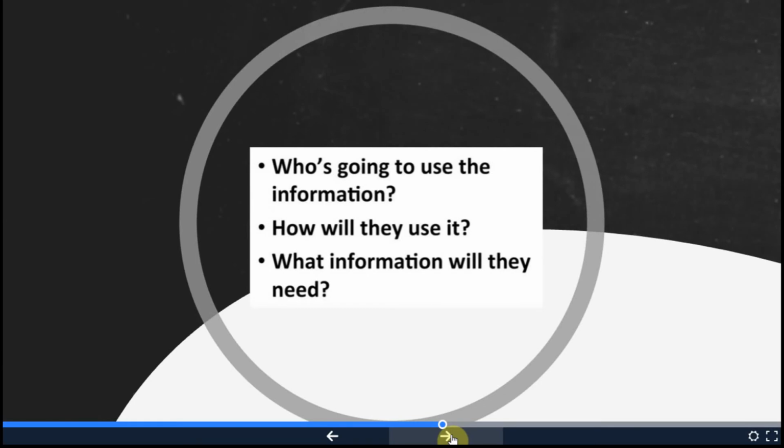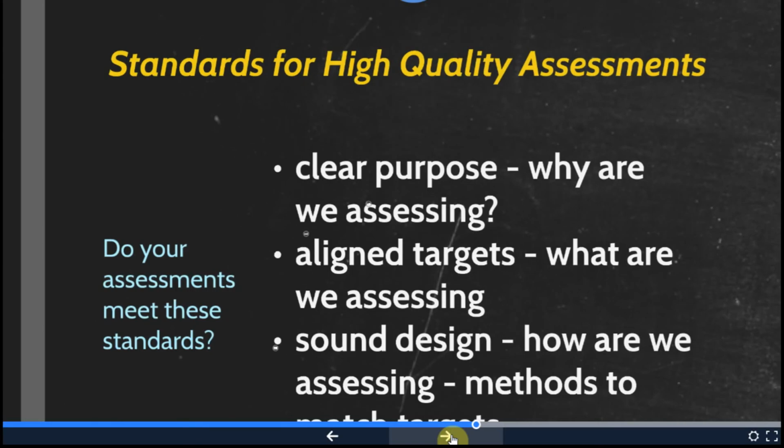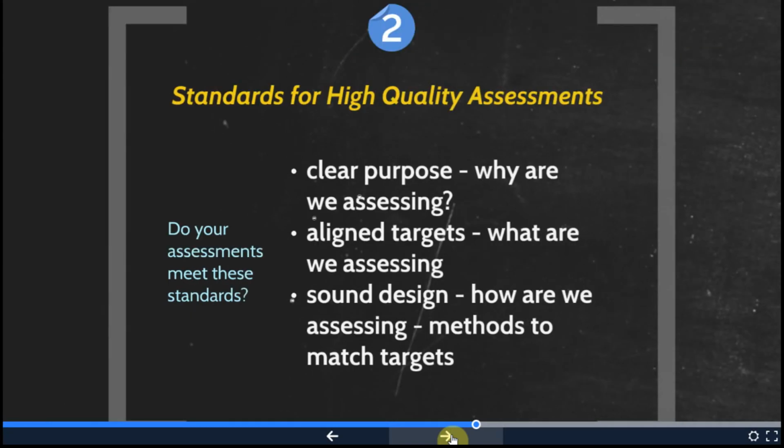Who's going to use the information? That will help us to structure the questions or to select questions that we're going to use on the assessment. How are they going to use the information gathered from that? And what information will they need to know if students will need to move on or if students need to go back and relearn.